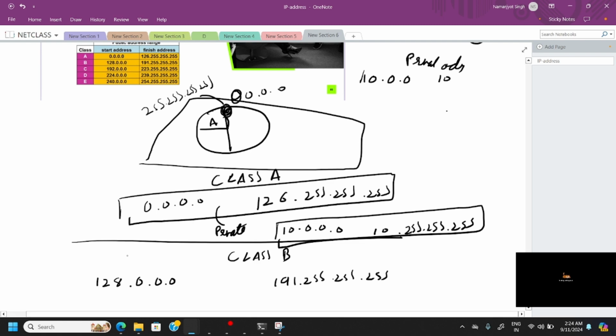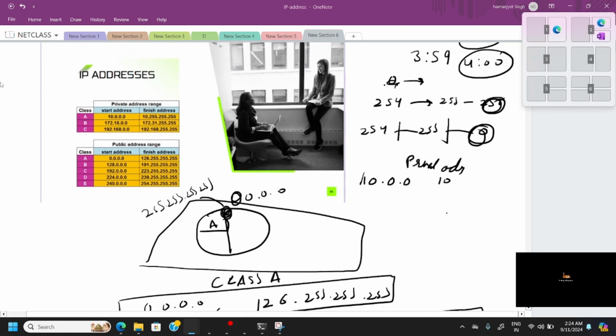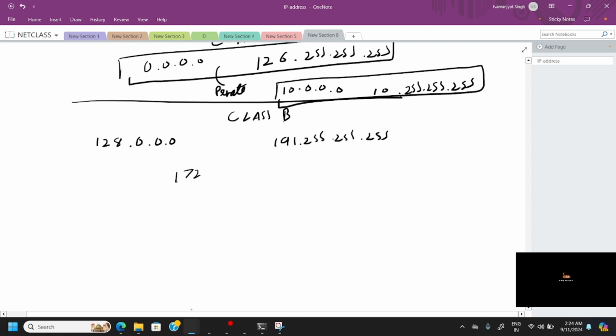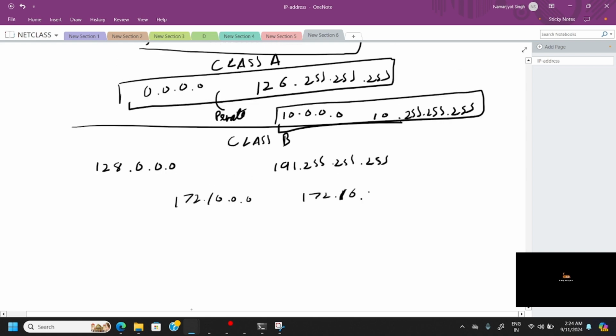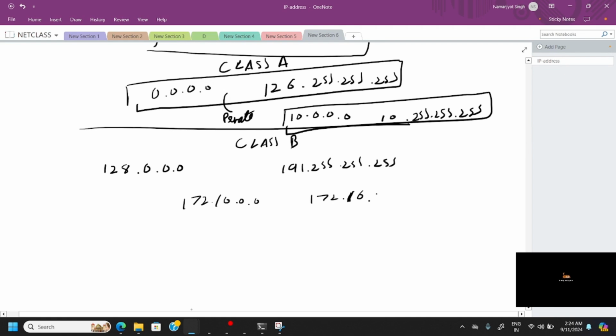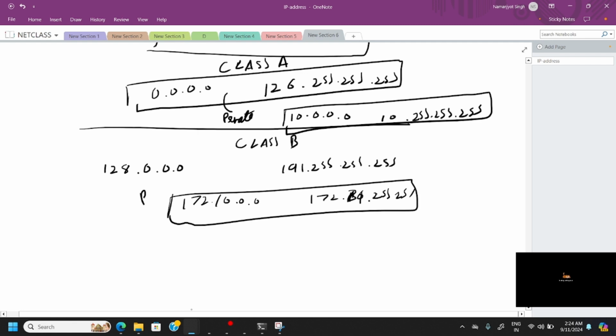But in between this, we have a private range of 172.16.0.0 to 172.31.255.255. So this is the private IP address range. Same as class C.